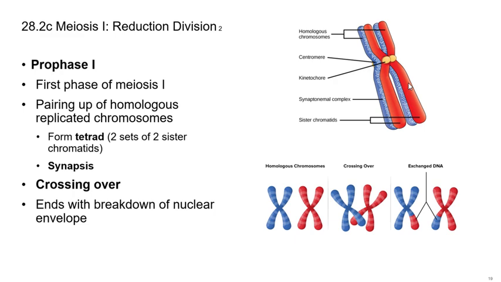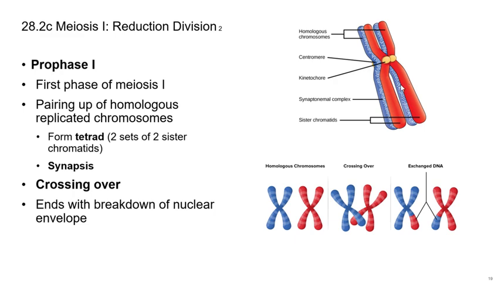During prophase 1, you also have something known as crossing over. Crossing over is essentially exactly what it sounds like. You're taking a piece of the chromosome on each one, the maternal replicated chromosome and the paternal, one from the mother, one from the father, and you're swapping or crossing this piece of the maternal chromosome with this piece of the paternal. So you're exchanging genetic material.